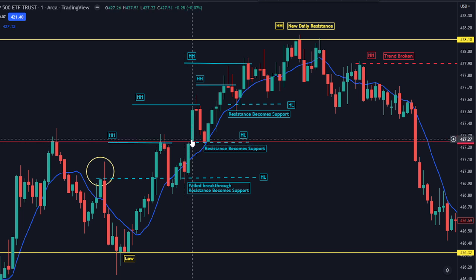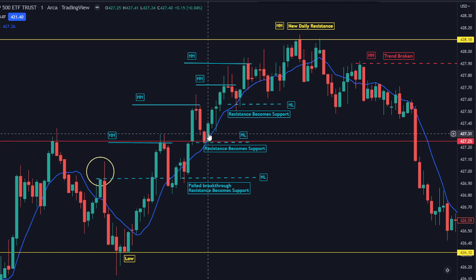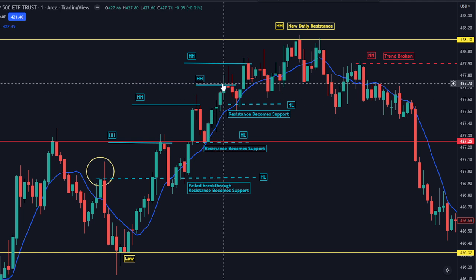And why would you keep runners here? Because you're expecting the higher high. So you're coming down to support that becomes resistance. It bounced exactly where you thought it was going to bounce, so you keep your runner. And then it heads back up.